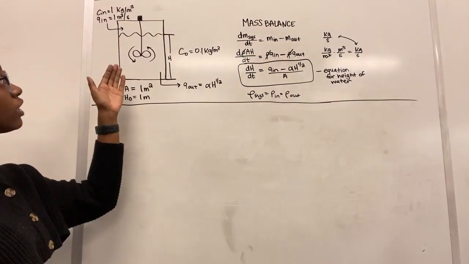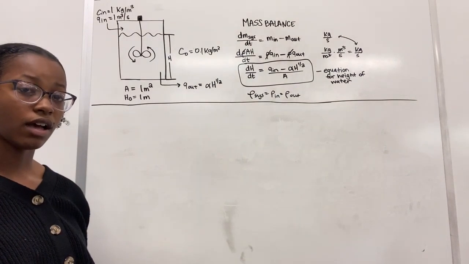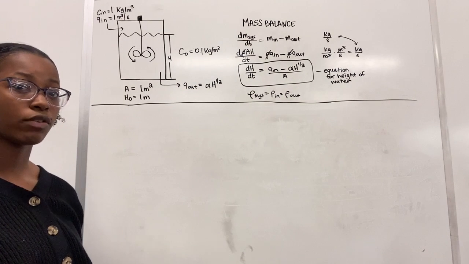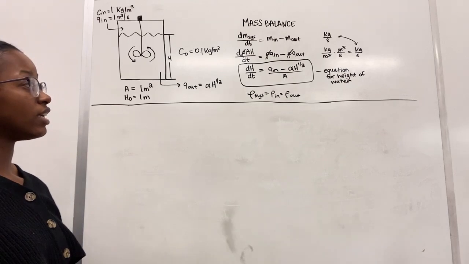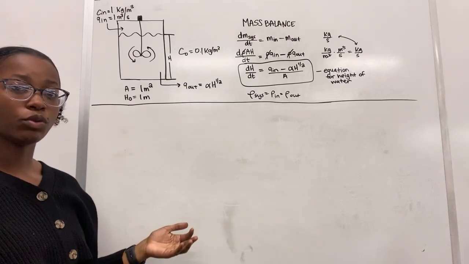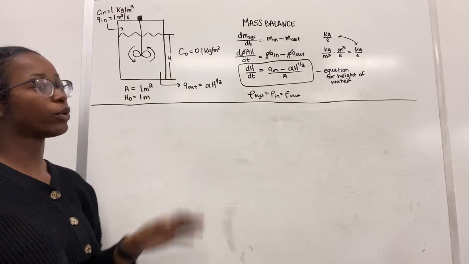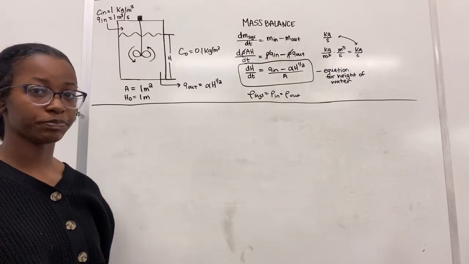And again, that's 1 kilogram per cubic meter. And instead of identifying the temperature of the water in the tank, we know that there is already some solute within the water in the tank, and that is sitting at a concentration of 0.1 kilograms per cubic meter.